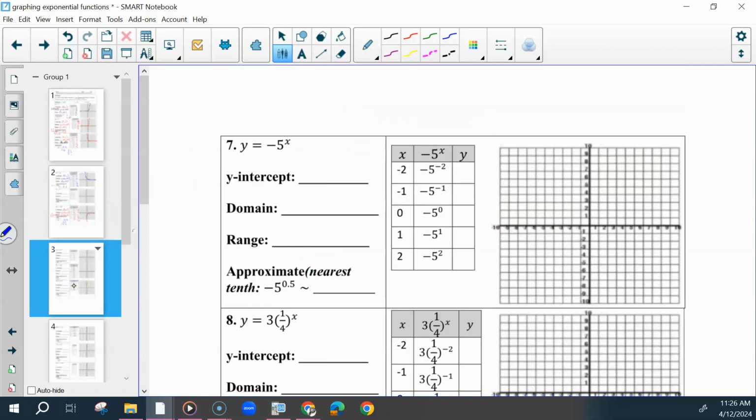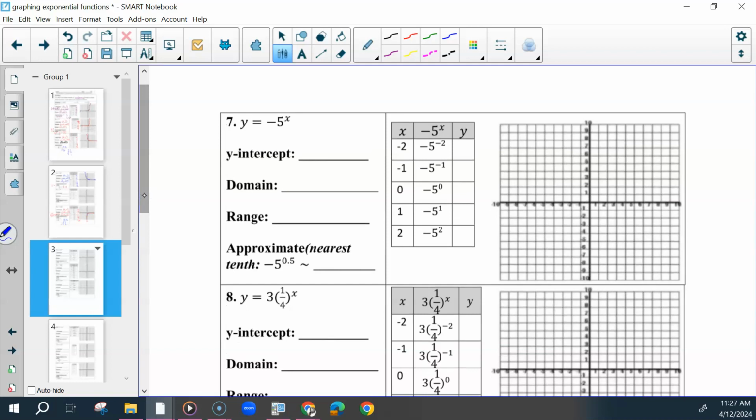Let's do 7. Not similar, but we have another negative, but our base number is whole, and we don't have parentheses. So whatever the numbers here are going to be negative. So negative 5 to the negative second is going to be negative, but 1 over 25.